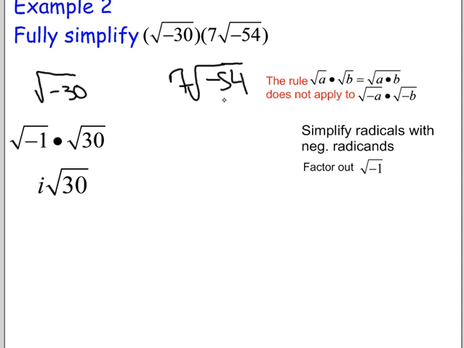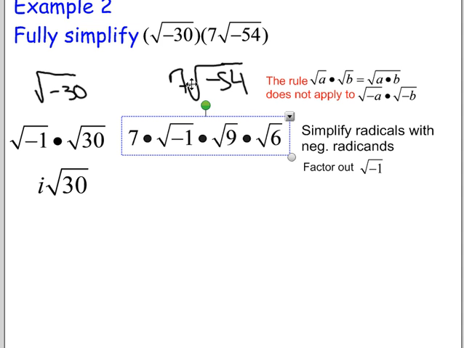Now let's simplify 7 radical negative 54. So we got a coefficient of 7, can't forget about that, and radical negative 54, we're going to have to factor out the radical negative 1, and we could also factor the 54 now with radical 9 times radical 6.